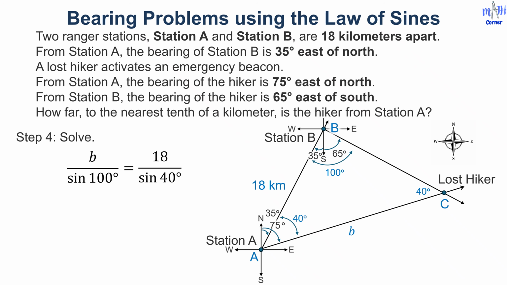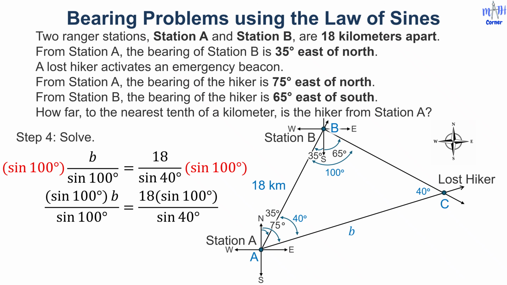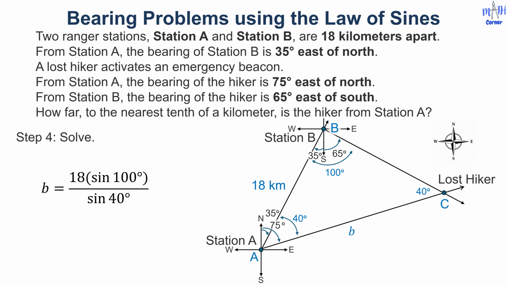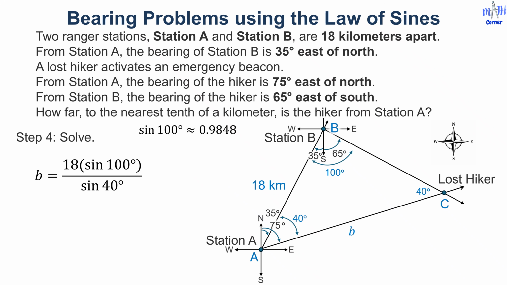Step 4. Solve for B. Multiply both sides of the equation by sine 100 degrees. On the left side of the equation, we are left with B. On the right side, we have 18 times sine 100 degrees over sine 40 degrees. Using a calculator, sine 100 degrees is approximately 0.9848, and sine 40 degrees is approximately 0.6428.